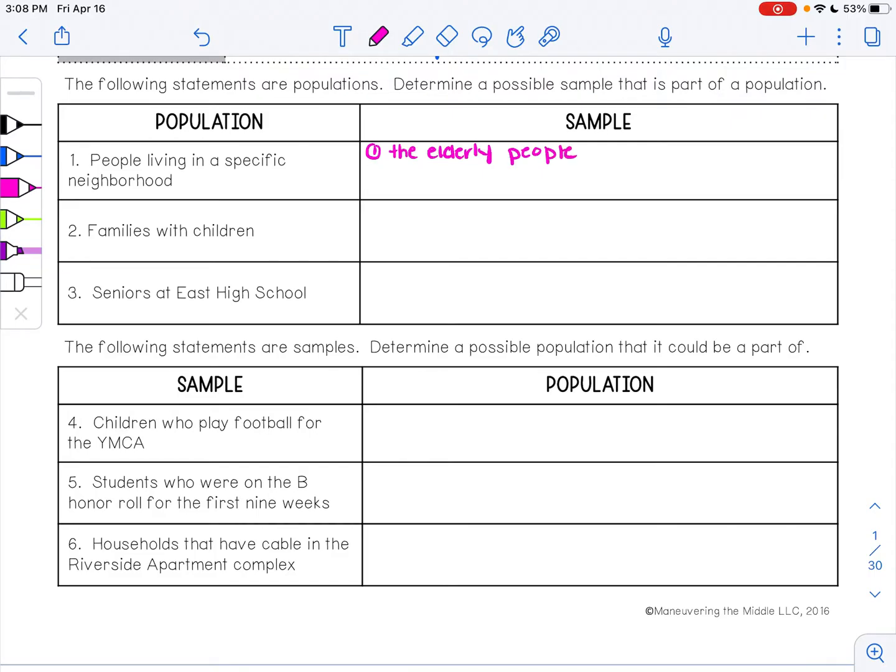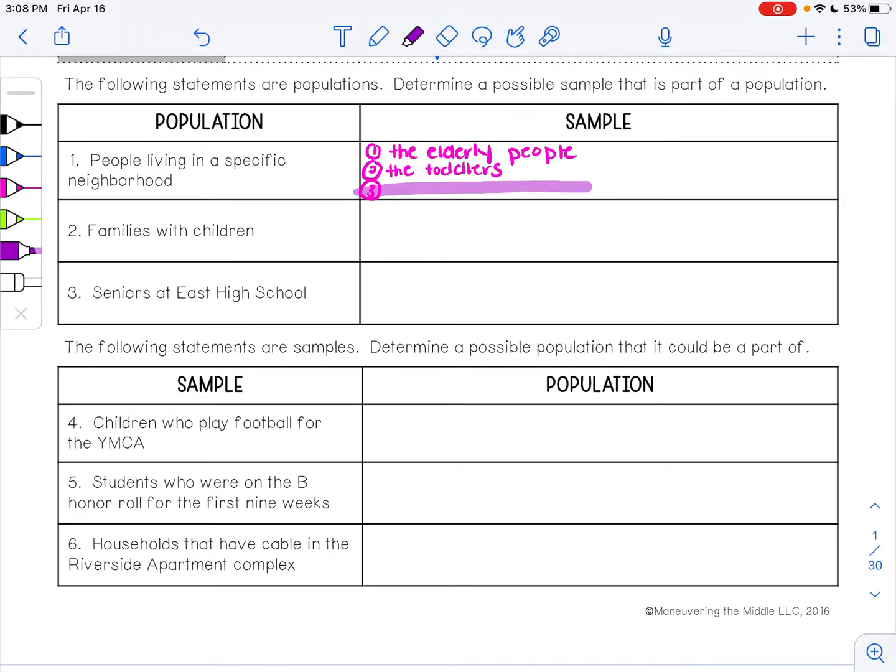So from the entire neighborhood, you're elderly people. Another sample might be the toddlers in the neighborhood. See if you can come up with a third example of a sample.